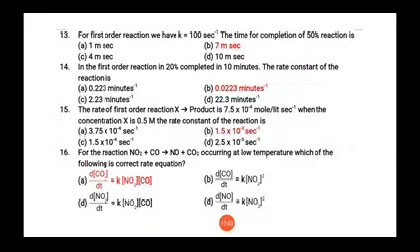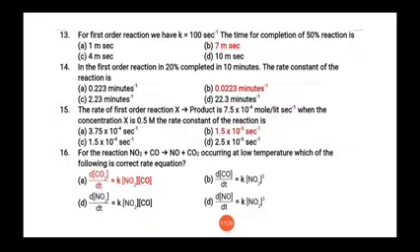Question number 14. In a first order reaction, 20% is completed in 10 minutes, the rate constant of the reaction. So again, it's the same example. We have to put the equation of first order, that is K is equal to 2.303 upon t log R0 by R. First, it is given in percentage.